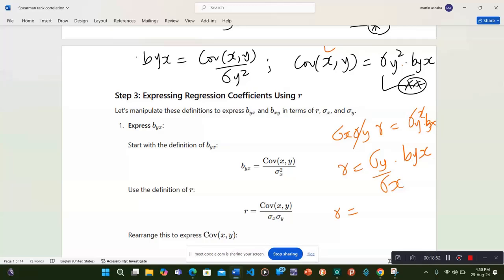So r, if we are talking about bxy, it will be covariance of x, y divided by sigma x squared. And this r would therefore be sigma x divided by sigma y, bxy. And that would be another definition for r based on the regression coefficient of x on y.